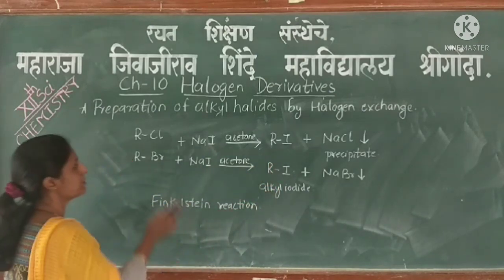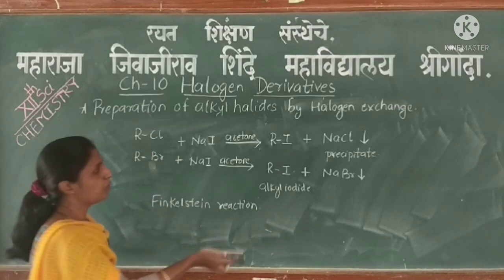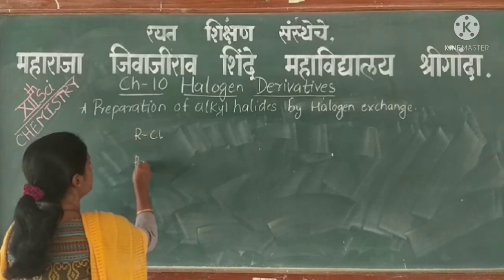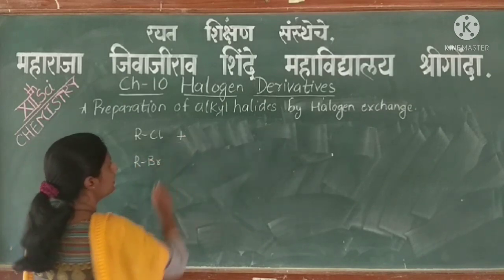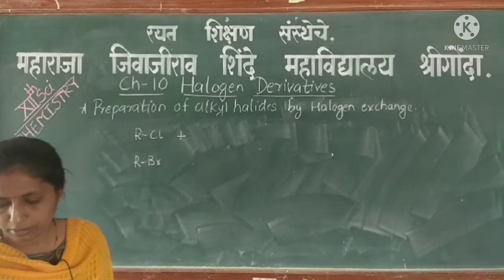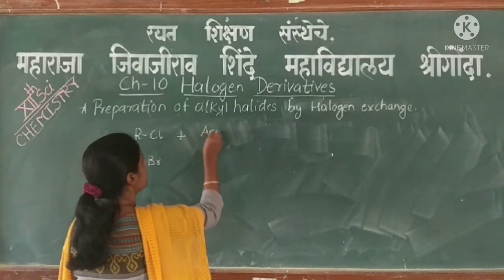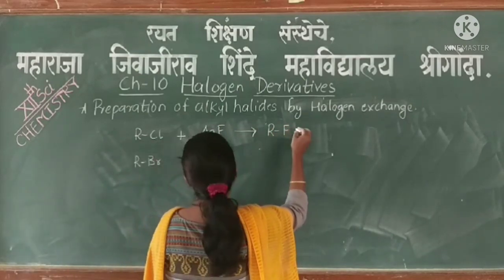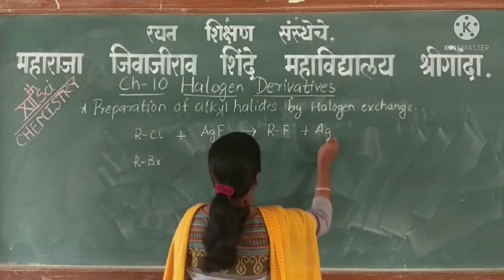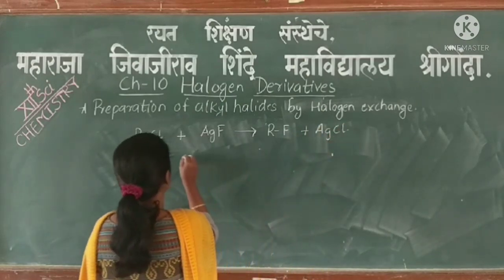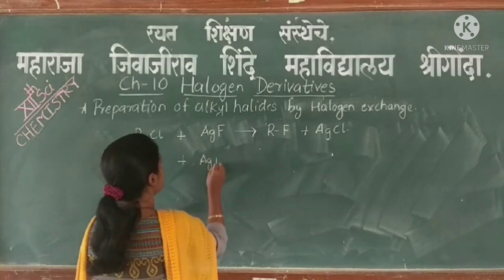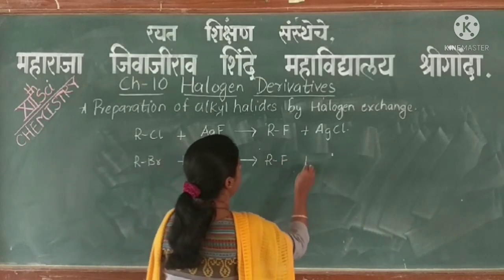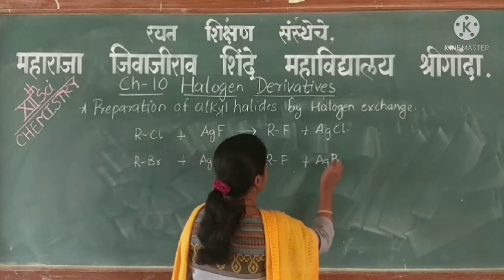And the next method is the preparation of fluorides. Both alkyl chlorides and alkyl bromides can be treated with AgF to give you alkyl fluoride and AgCl. Here also, alkyl bromide reacts with silver fluoride to give you alkyl fluoride plus AgBr.